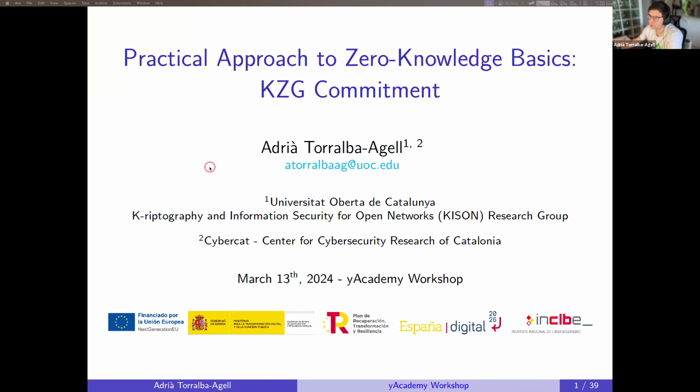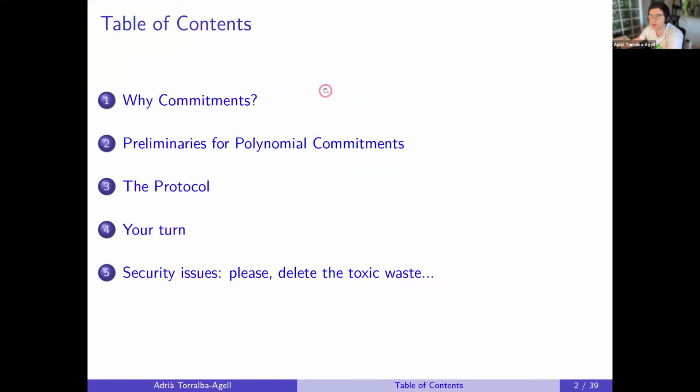Okay. So this is the outline for the presentation. First of all, I would like to present the motivations about why commitments, why do we need commitments in the blockchain space in particular. Then presenting some preliminaries for the polynomial commitments. Then we are going to explain the protocol itself for this particular article.